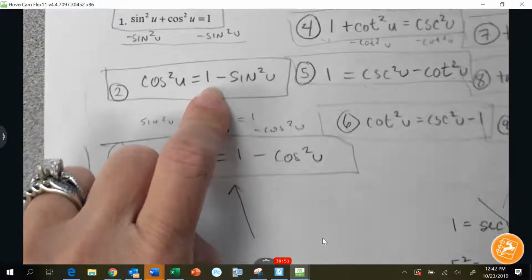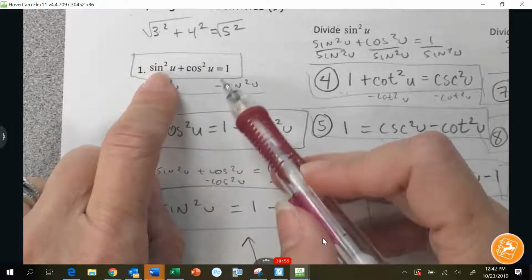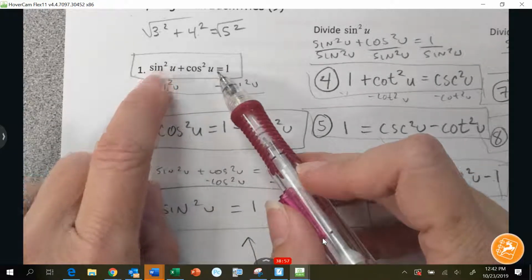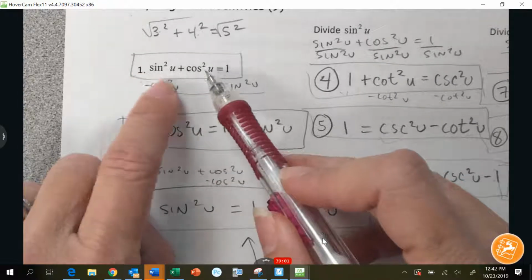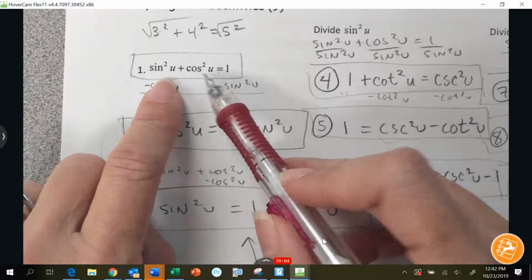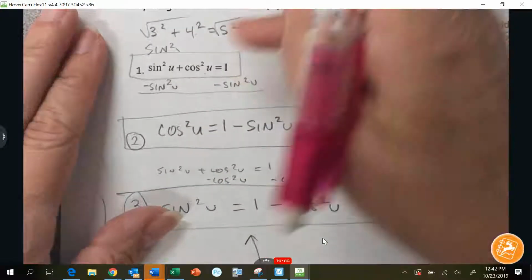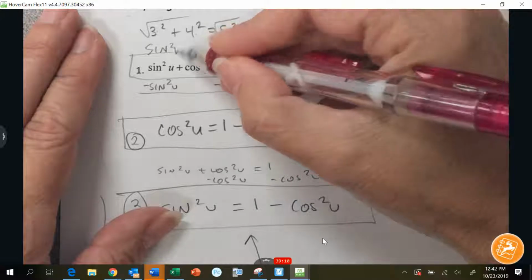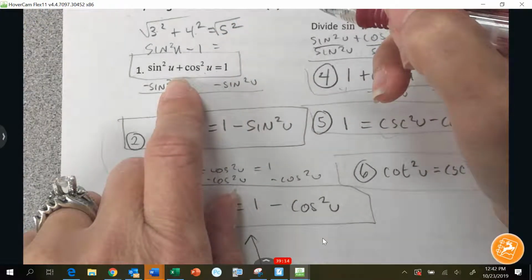Is there a way, let's go up here, up here to make sine squared x minus 1, just from identity number 1? Is there a way to make this say sine squared x, or u, minus 1? What could we do?